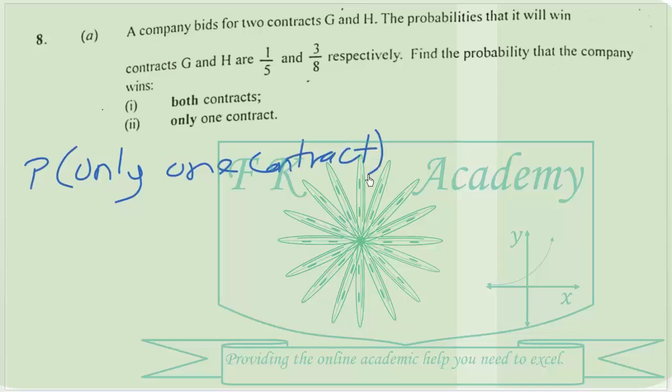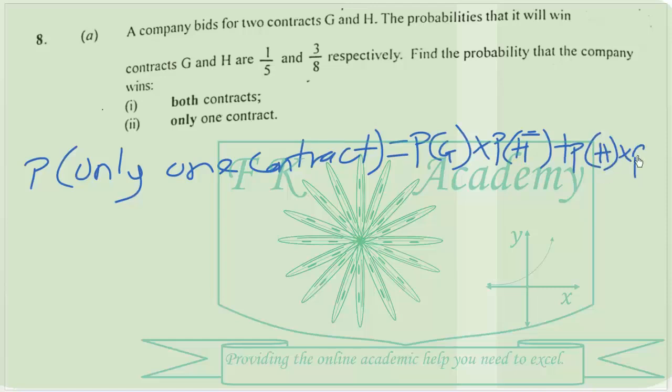So that will be probability of winning contract G and not winning contract H, or probability of winning contract H and not winning contract G.